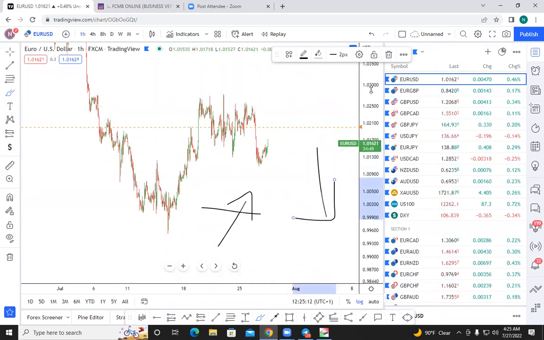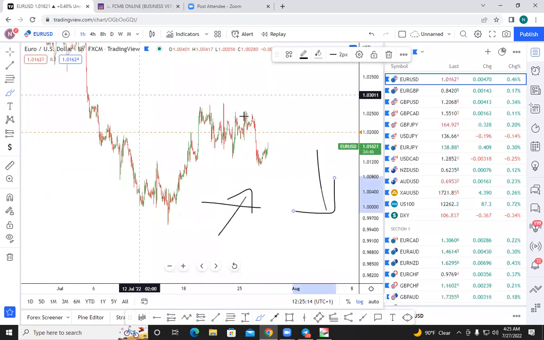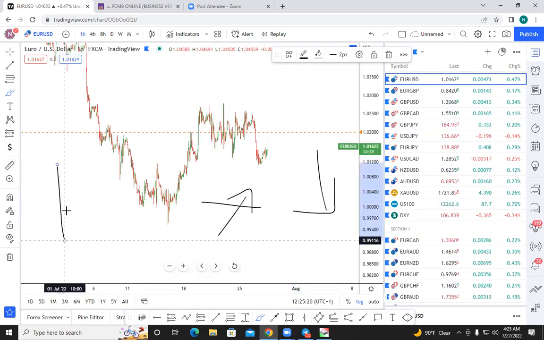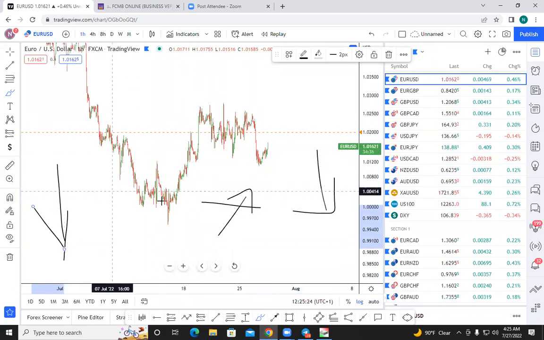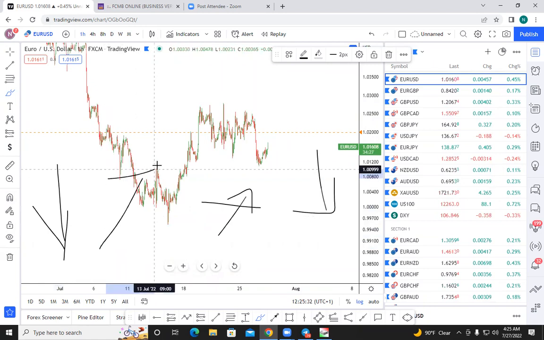So if it happens like that, all you need to be doing is simple. Begin to look at how the majors are setting up for a sell, and begin to look at how the dollar pairs, like USD/CAD and USD/JPY, are setting up for a buy.